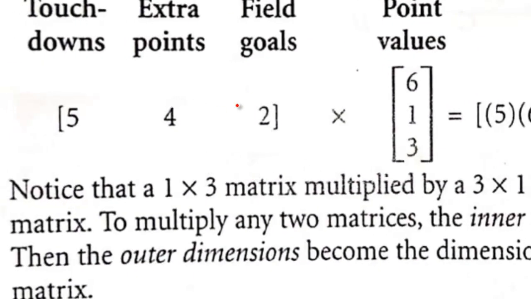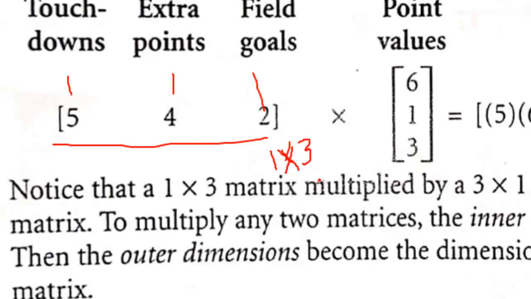This matrix has 1 row and 3 columns, so the system here is 1 times 3. And the system here is 3 rows and just 1 column, so 3 times 1.